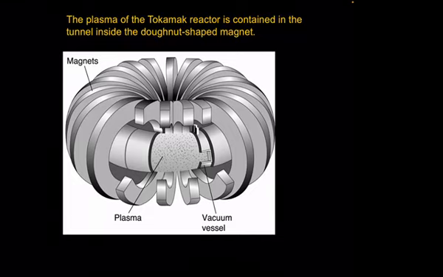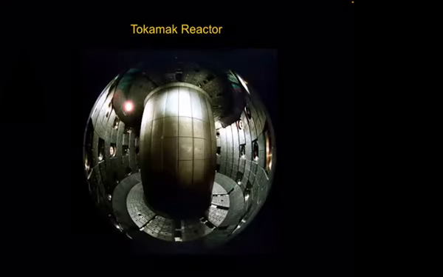They're highly charged particles, high energy, and because they're charged, we can use a magnetic field to contain and control them. This is known as magnetic confinement. There's also inertial confinement, which we'll talk about in a second. But this is the tokamak reactor, an actual picture of it rather than a schematic.